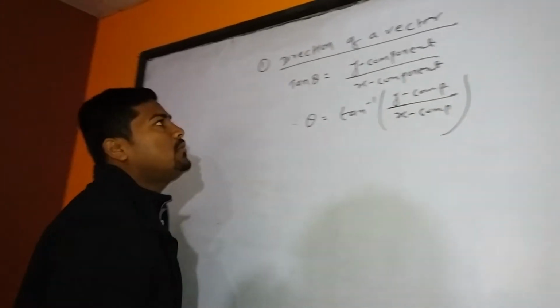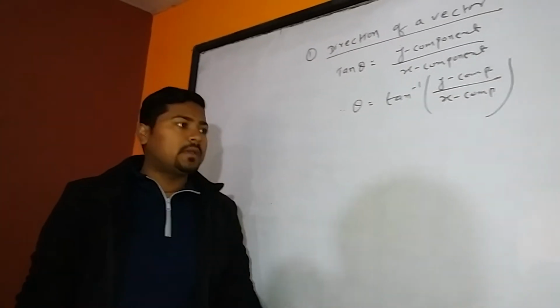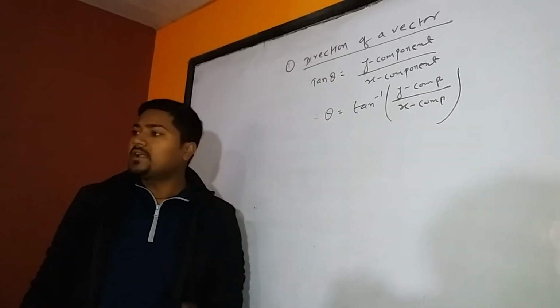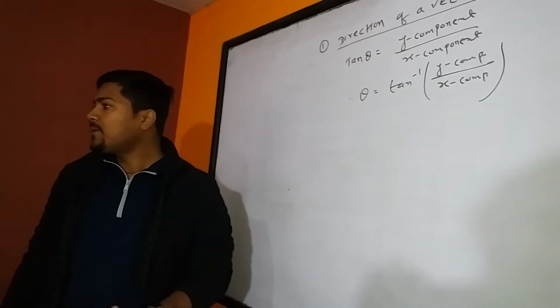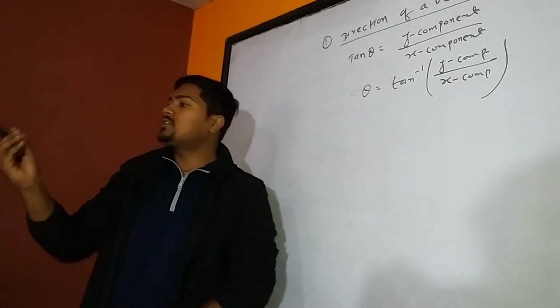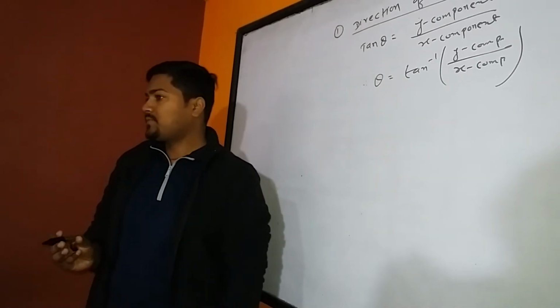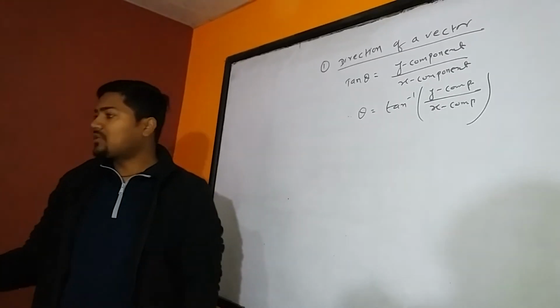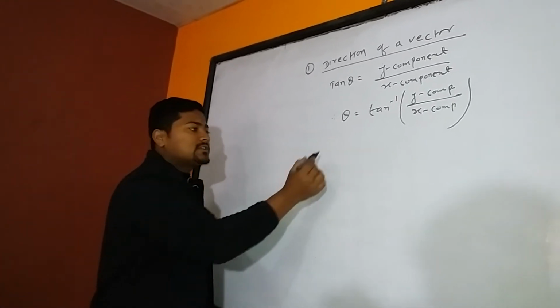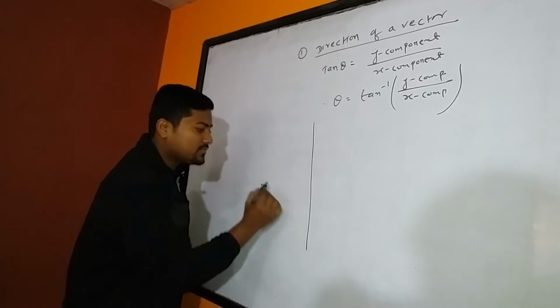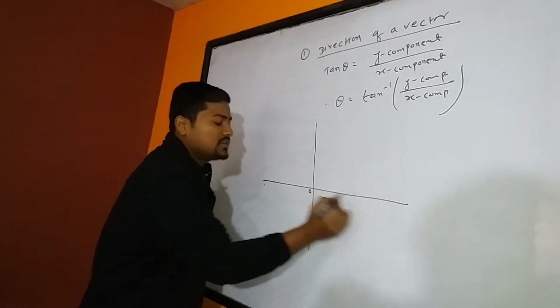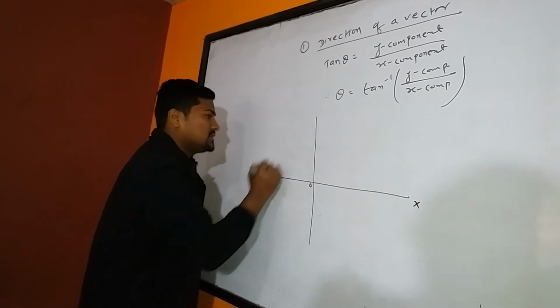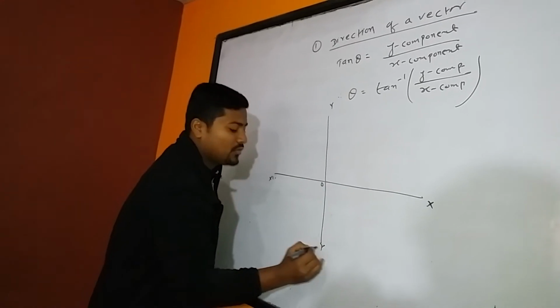Now to find the direction we have some conditions that we have to be careful about. First of all we need knowledge of the quadrant. Without knowledge of the quadrant we can't solve the direction of a vector. So first let's learn about the quadrant. This is the origin, x dash, y dash.